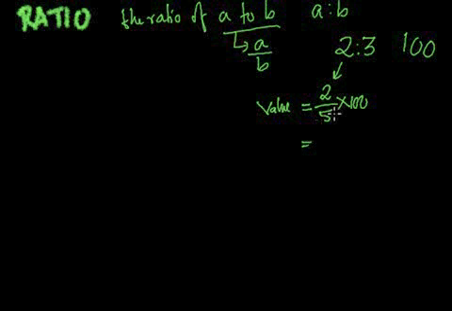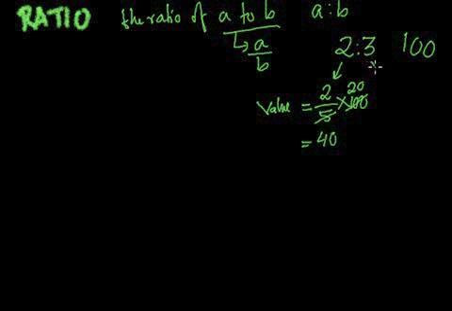If we break this down, 100 divided by 5 is 20, and 2 20s are 40. So $40. So if you break down $100 into 2:3, it means the total portions are 5 portions and you're wanting 2 out of 5, and that is going to be $40.